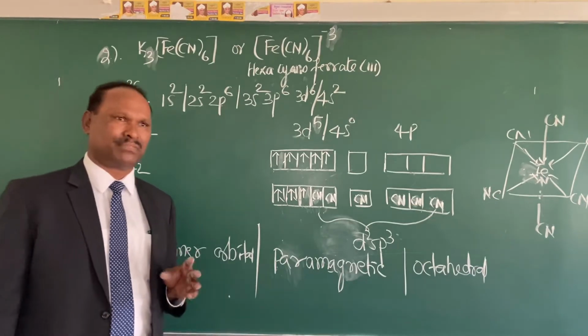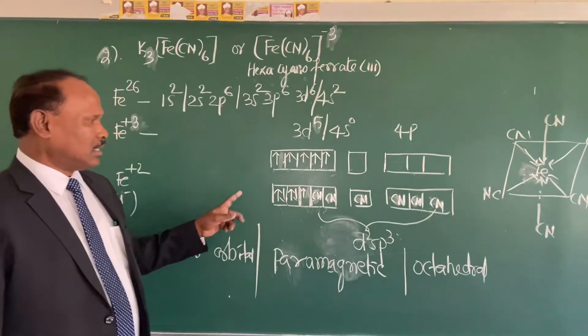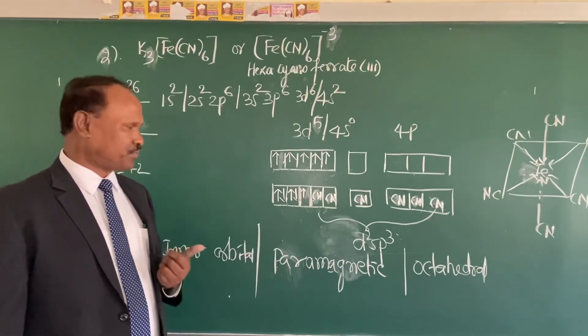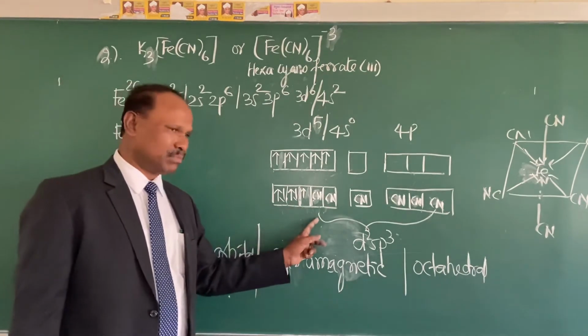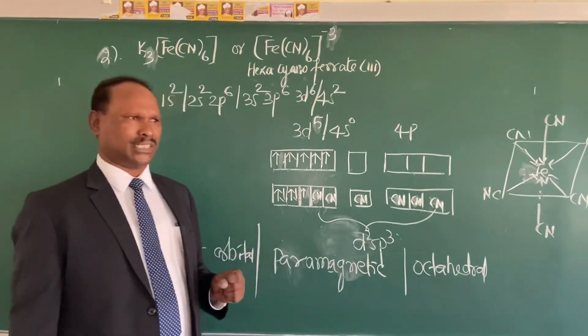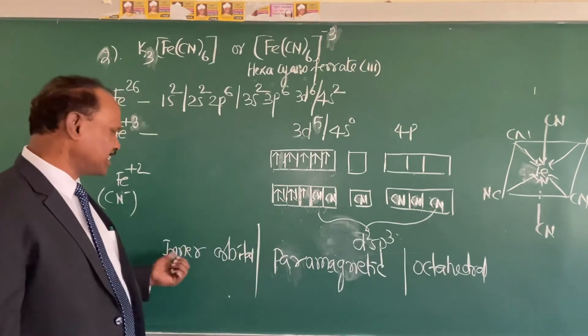I repeat this definition. Those complexes which are formed by the use of inner d orbitals and involve d2sp3 hybridization are called inner orbital complexes.